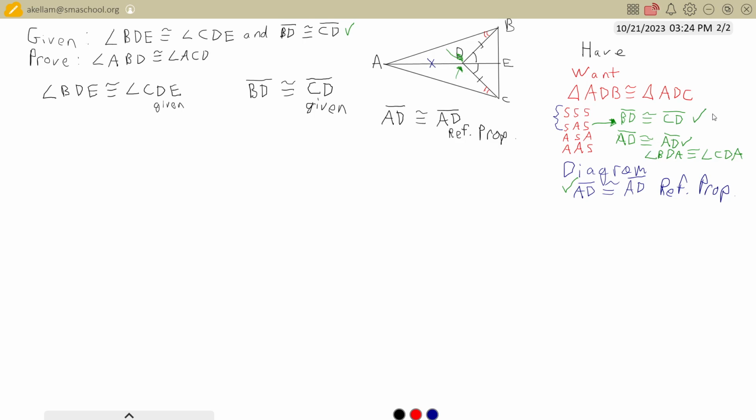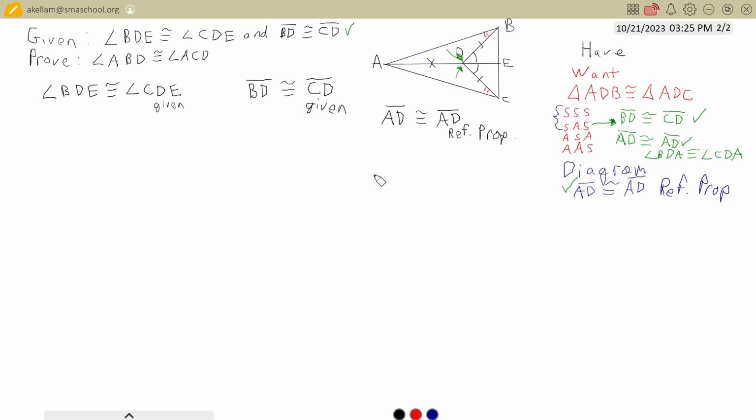We know from the work that we did over here that if we can show that angle BDA is congruent to angle CDA, then we can use this and that statement to show that these two triangles are congruent. And if we can show those two triangles are congruent, we can show these angles are congruent.